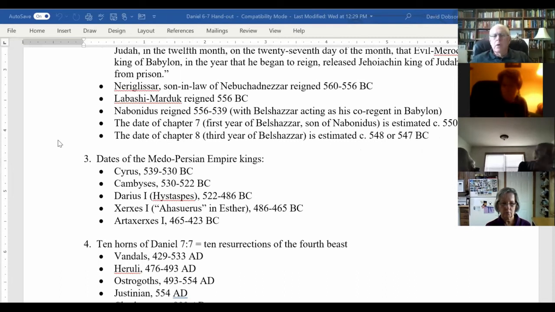Chapter 6, because here we have the story of Daniel being cast into the lion's den. We once again have the powers that be jealous of the favor that Daniel has. From the outset, he was given tremendous power and authority, great favor, first of all from the prince or the kind of the overseer of the eunuchs for the king, and then by Nebuchadnezzar.